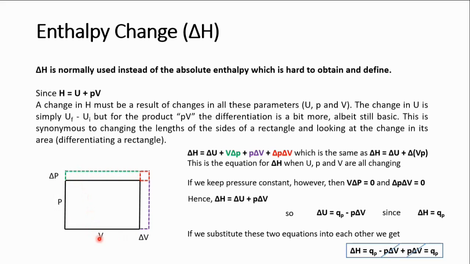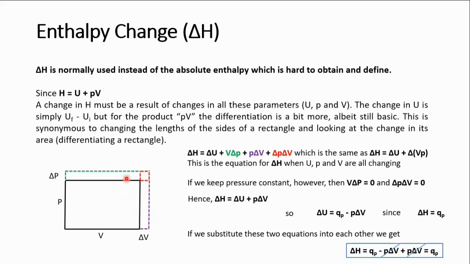Whereas if you decide to extend the side called V by a small amount, delta V, then you end up with a new area enclosed by this purple line. And also you'll have this excess piece which is enclosed by this red dashed line.